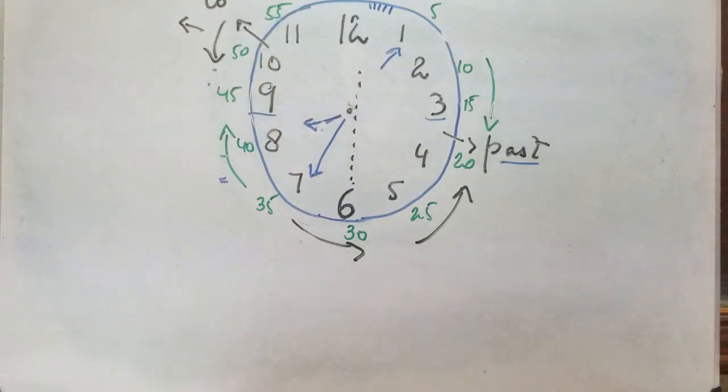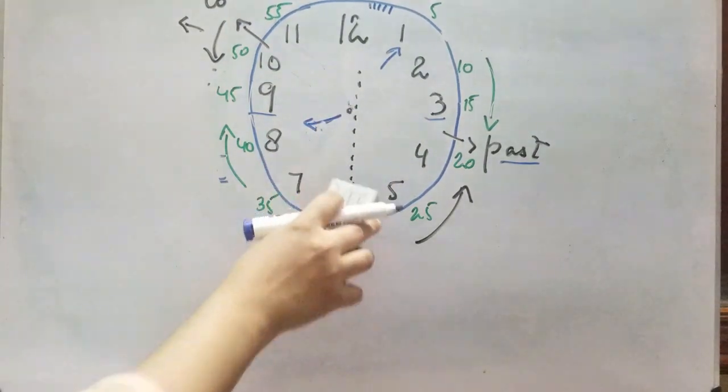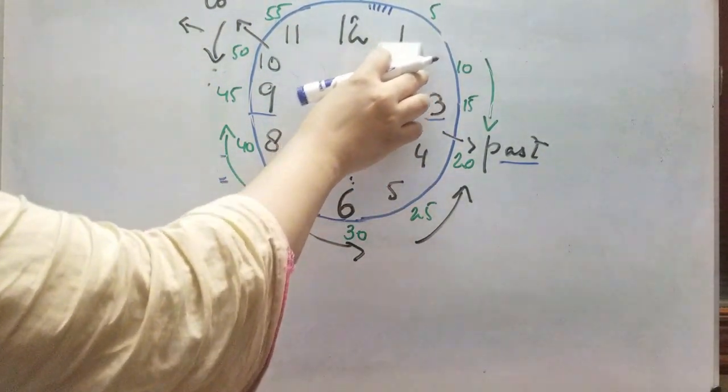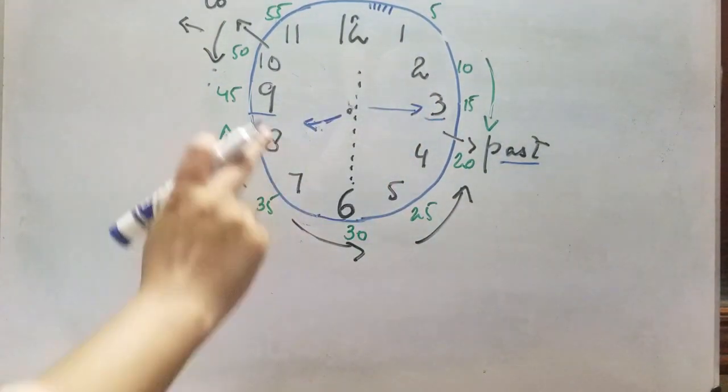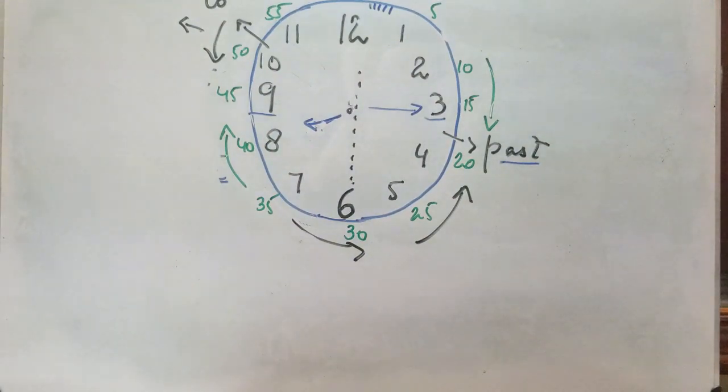Now coming to this part, if your minute hand was here, and the hour hand was over here on 8, how are you going to use it? The past will remain there. You are going to say it's 8:15.